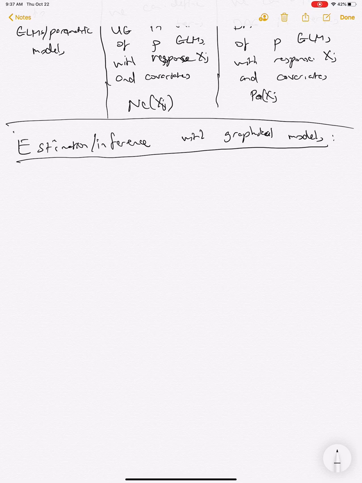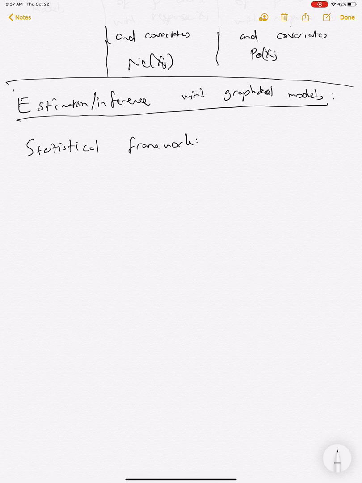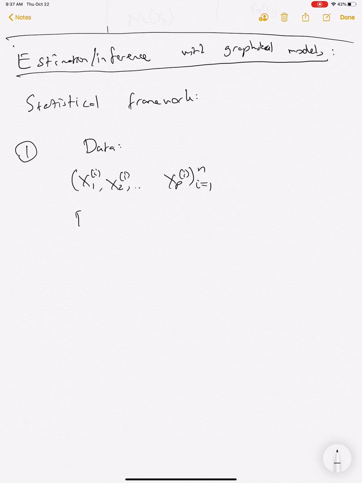Okay, so let's return to the statistical framework, which we haven't touched on too much recently because we've largely been spending time on the second component, which is defining the model. Here we have our data, and we have unsupervised data in this case. Remember, we've never really talked about y's in our data set here. i equals 1 to n, so we have p covariates or features.